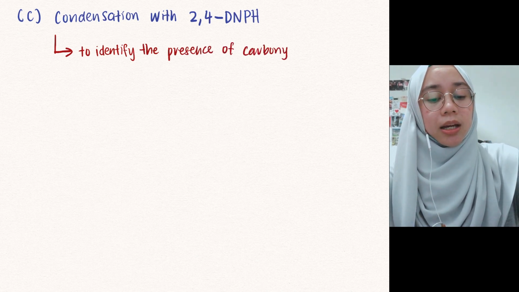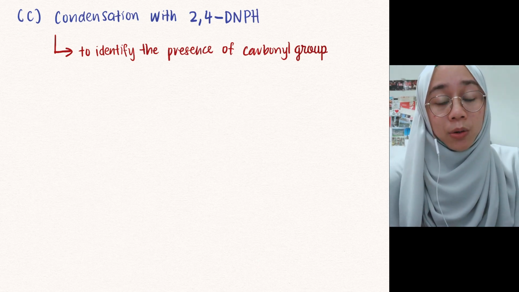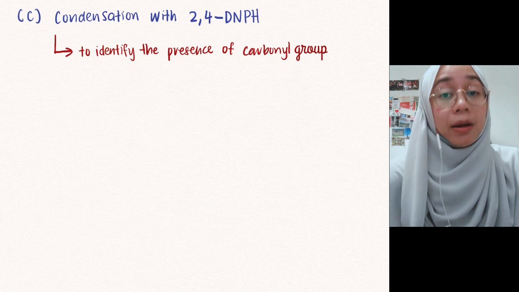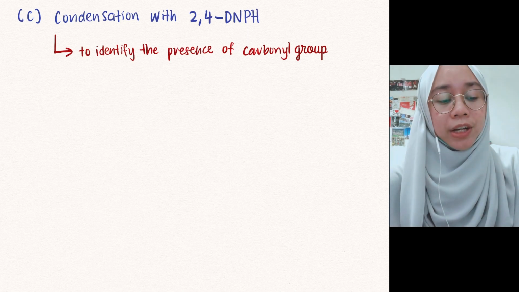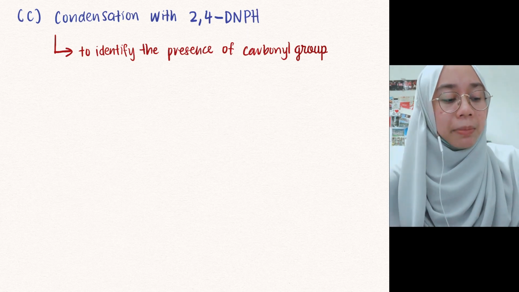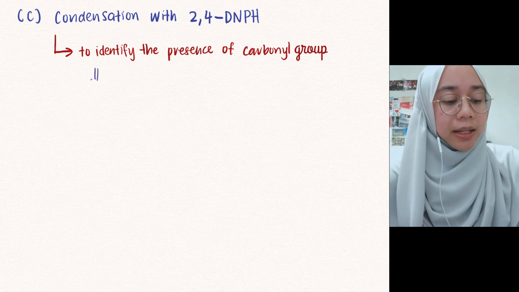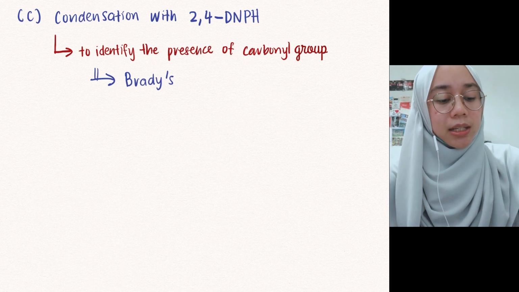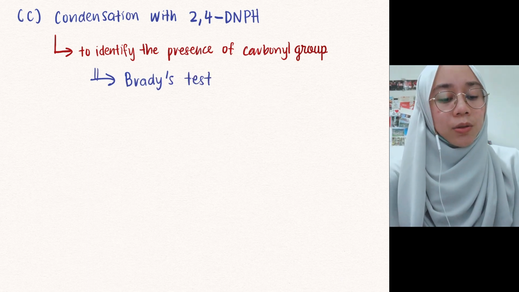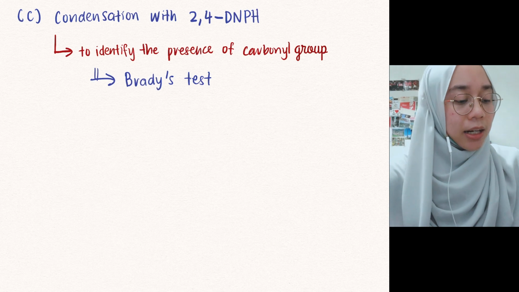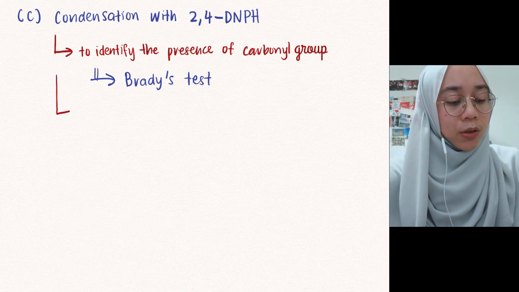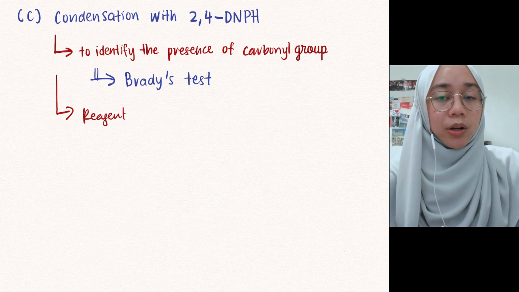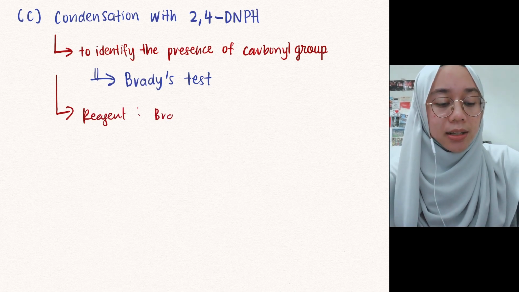Meaning if there is the C double bond O in the compound, therefore akan berlaku something bila dia react dengan 2,4-DNPH ni. And nama test ni adalah apa yang kita panggil sebagai Brady's test. So Brady's test ni kita akan guna 2,4-DNPH, dia punya reagent. Sometimes we call the reagent as the Brady's reagent.